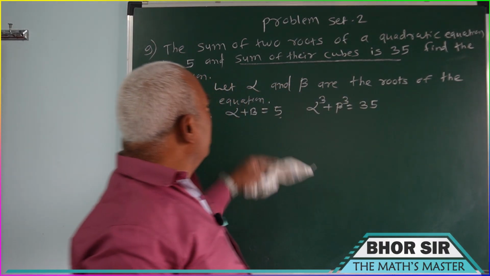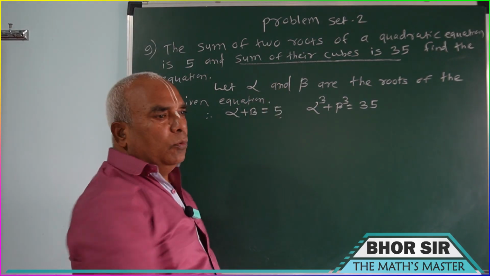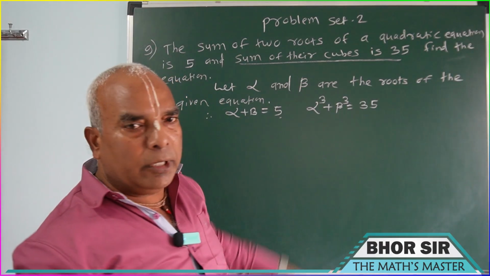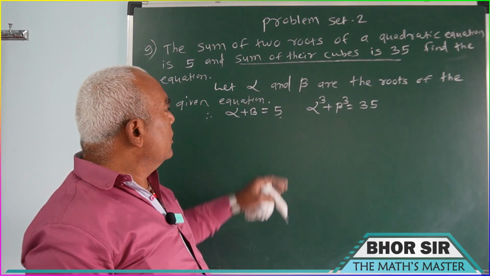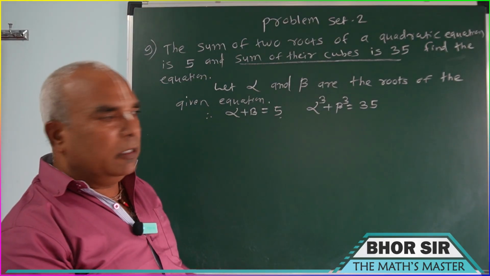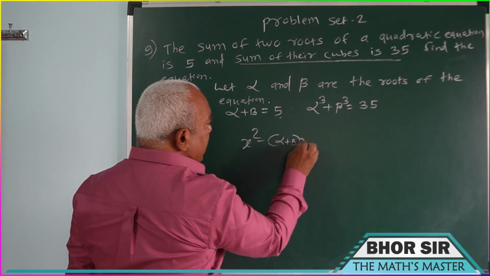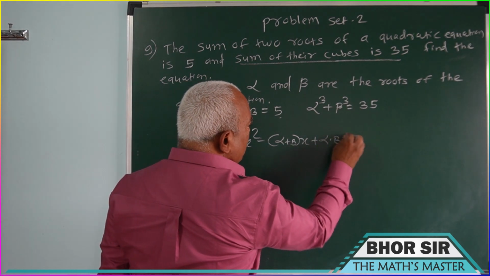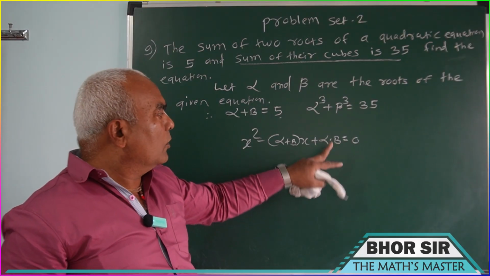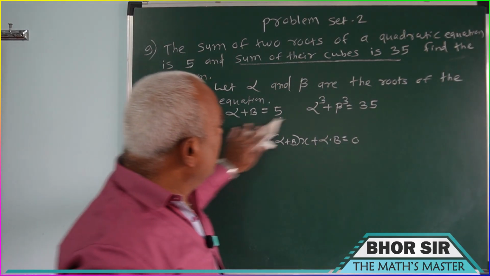Now from this we have to find the value of alpha into beta, because once we find the value of alpha into beta, we can put the values in the quadratic equation, x square minus (alpha plus beta) x plus alpha into beta equal to 0. In this equation we will substitute the values and make the equation. Our target now is to find the value of alpha into beta.